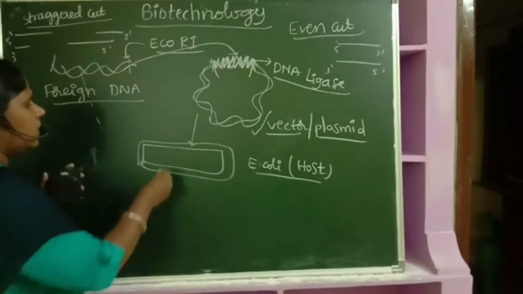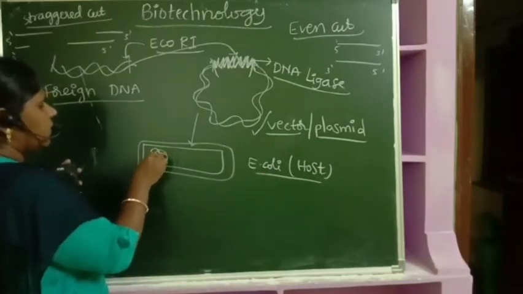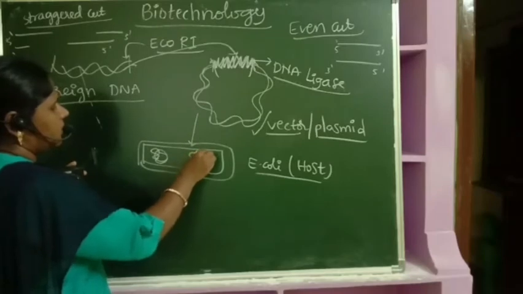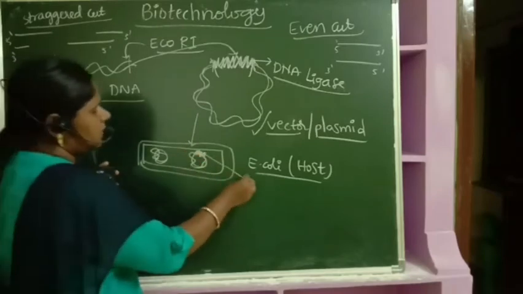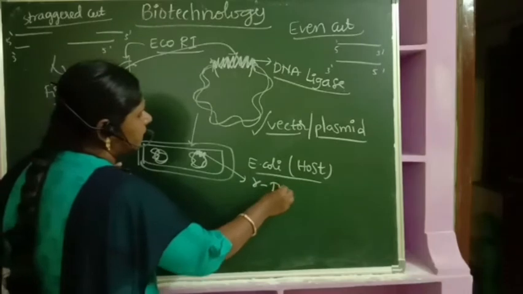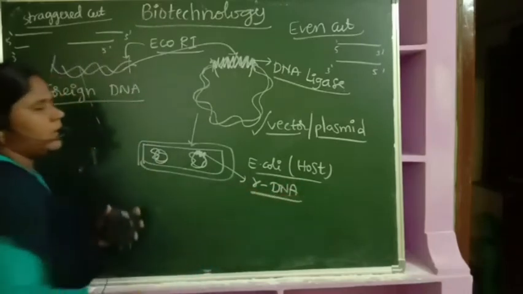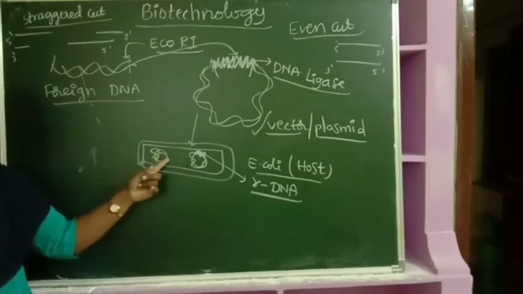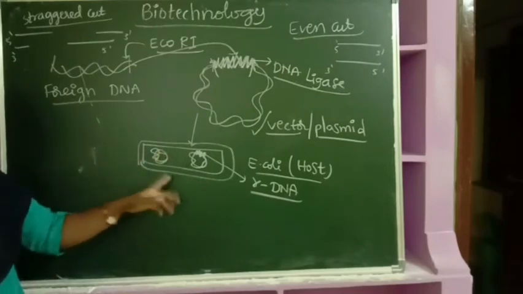Now here it enters. This is the nucleoid, but this is the plasmid, what you find here with DNA. Now this is what is called recombinant DNA, because it has entered into the host cell, ready to undergo replication along with the host DNA.